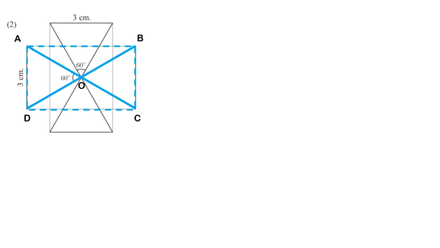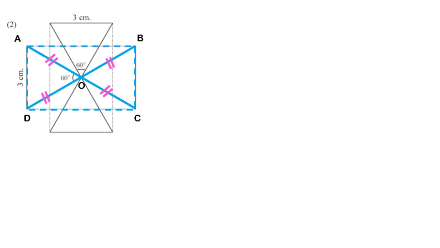We know in a rectangle, diagonals bisect each other. So we can say length of OA equals OC and OB equals OD. So angles opposite to equal sides are also equal, right? That we learned in the lesson on equal triangles.